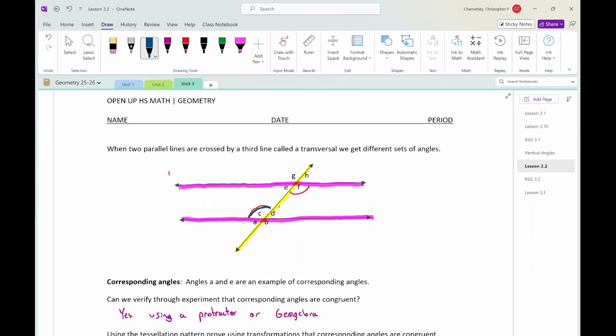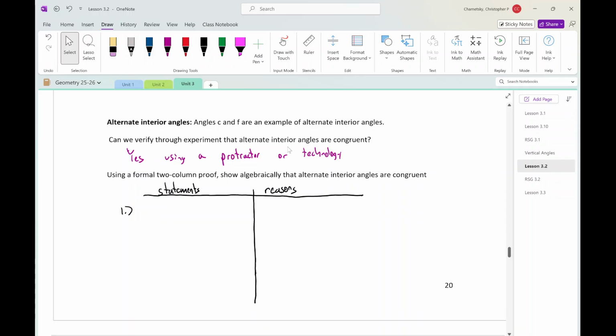Based on corresponding angles, I know that C and G are going to be congruent. So I connected C to G by corresponding angles. So that's my first statement: angle C is congruent to angle G. And my reason for that is corresponding angles.